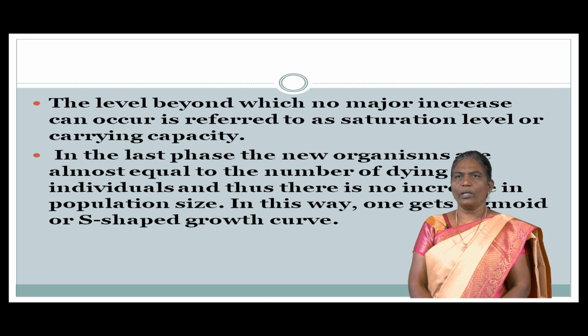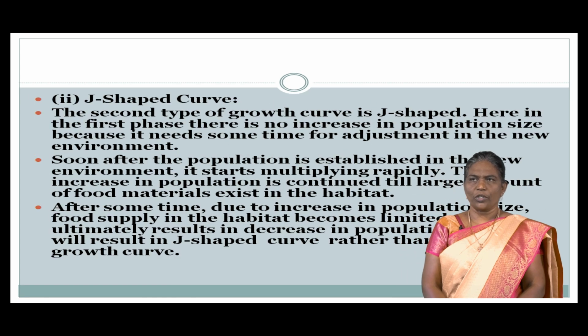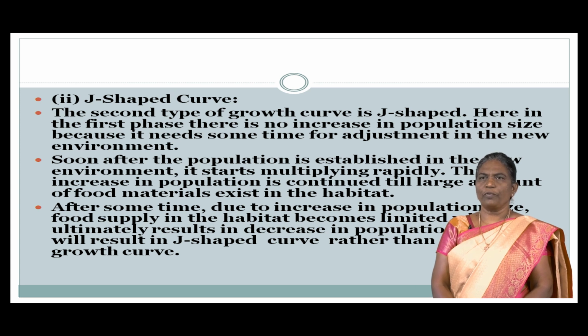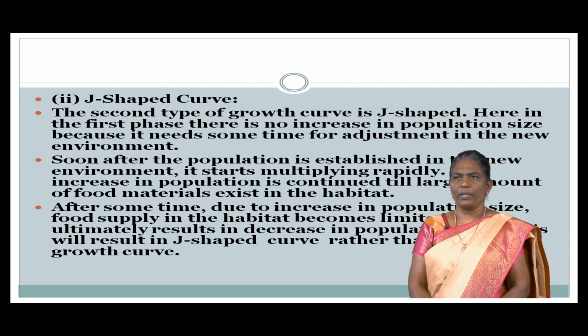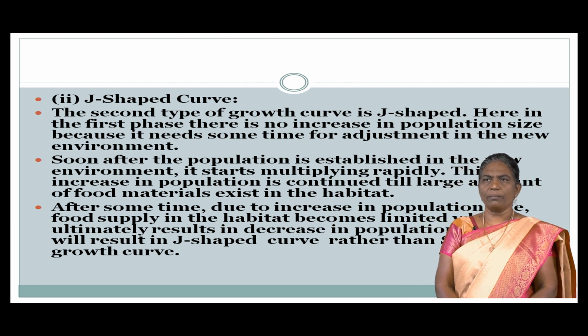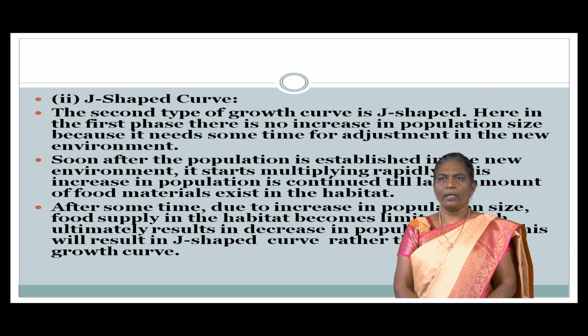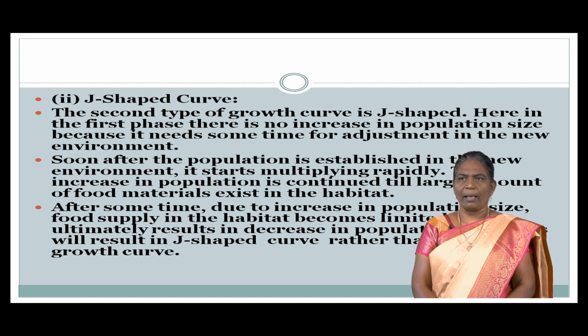The next is about J-shaped curve. The second type of growth curve is J-shaped. Here in the first phase there is no increase in population size because it needs some time for adjustment in the new environment. Soon after the population is established in the new environment, it starts multiplying rapidly.